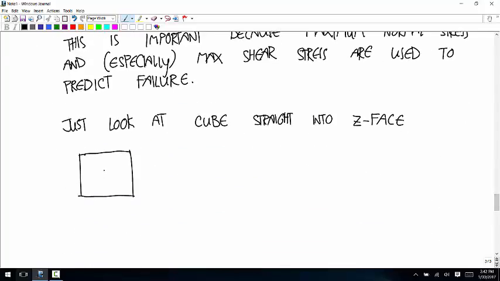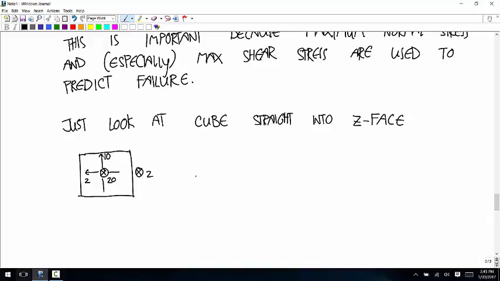The 20 is going this way, and the 2 is going this way, and the 10 is going this way. And then what did we have on the positive x face? Okay, for symmetry, yep.